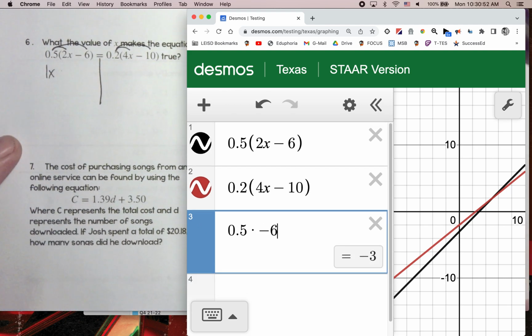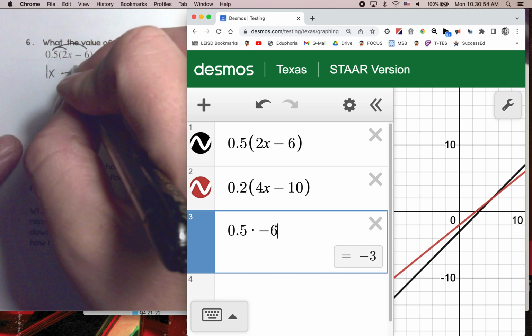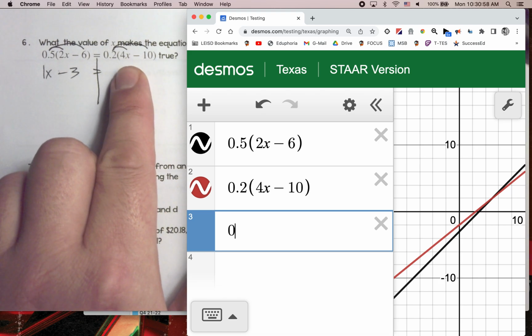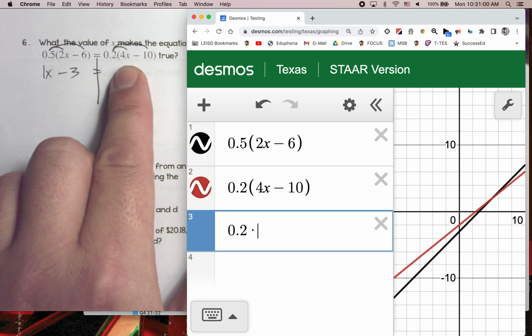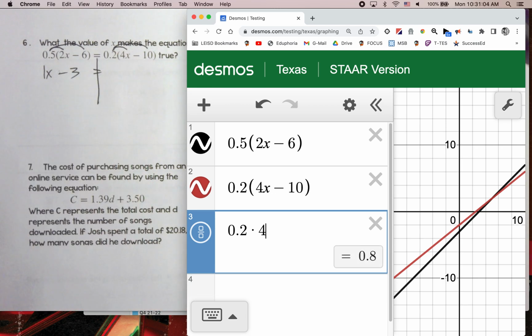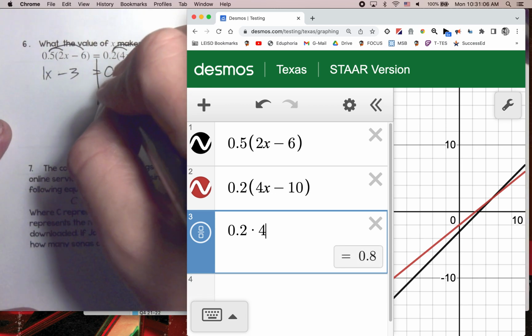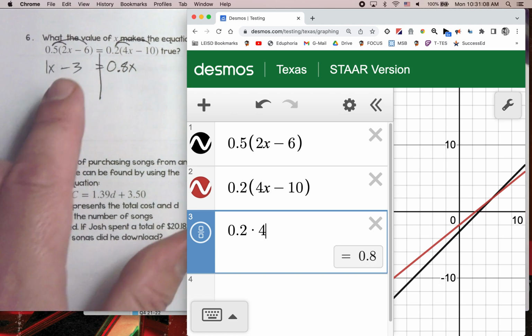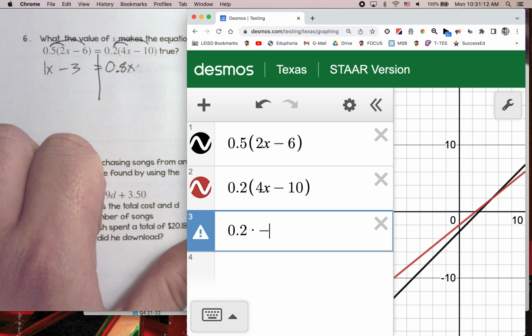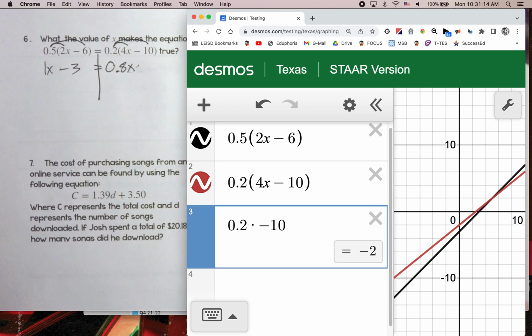So I'll say 1x minus 3. Okay. And then now I'm going to do this stuff here. So 0.2 times 4 is 0.8x. And then 0.2 times -10 is -2.